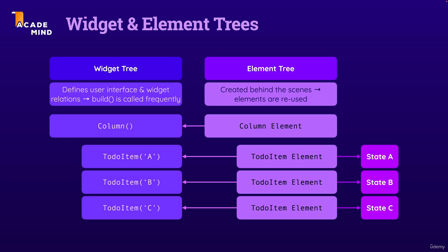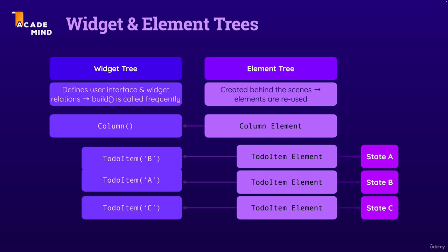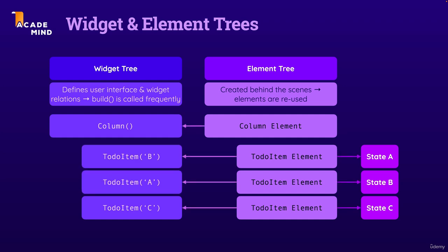Now, if widgets change their place, as mentioned, Flutter reuses elements and just updates the references, the pointers to widgets, but the state objects don't move around. So here you can see that when to-do item A and B change the place, the states A and B stay in their places.